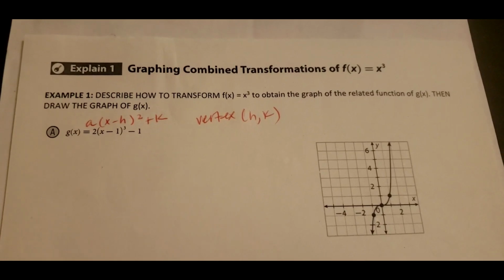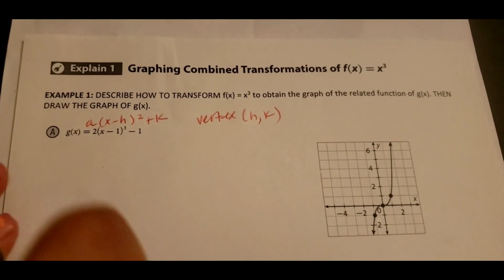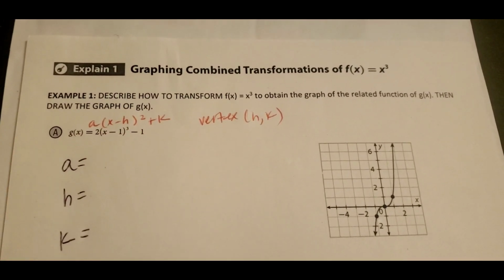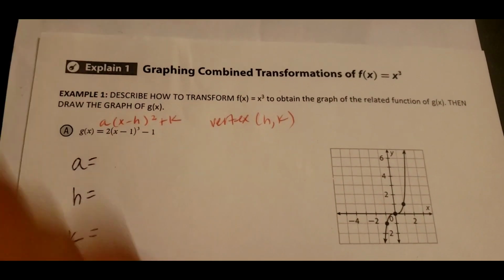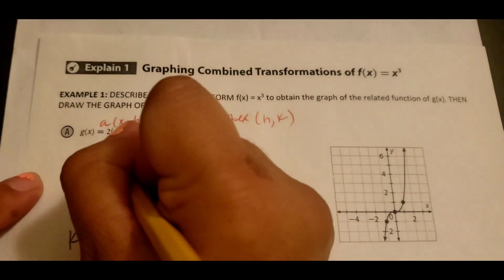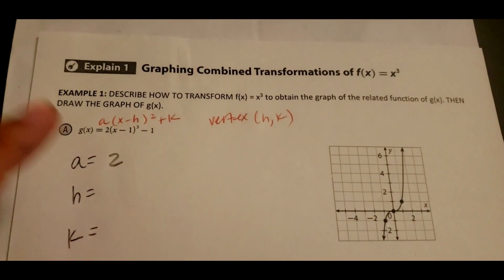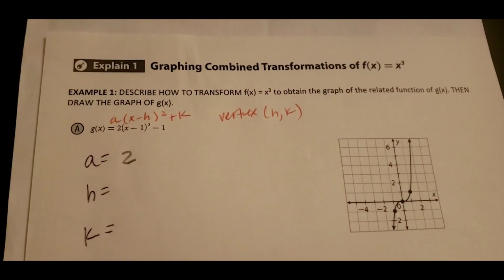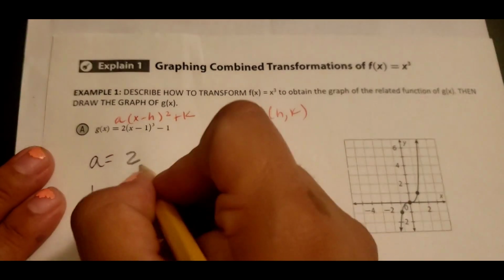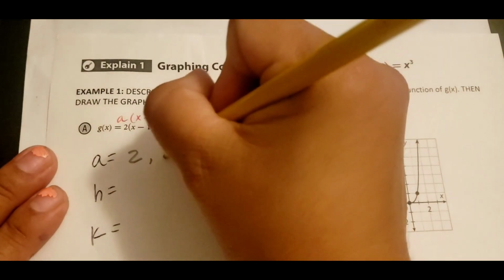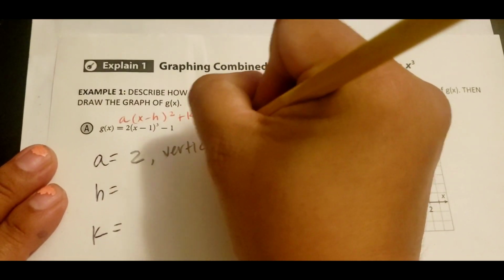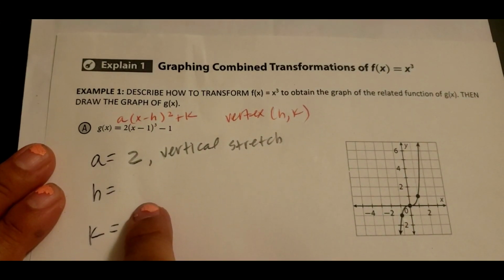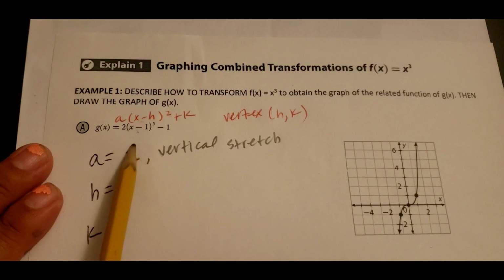Okay, all right, so real quick, let's write these down. So we need our a, our h, and our k. And I'm going to use pencil in case I make a mistake, okay? A is 2, and it's a positive 2. So what that means is we know it's not going to be flipped. It just stays the same, but it is greater than 1. So what's going to happen is this is a vertical stretch, okay? H, notice our negatives are the same.